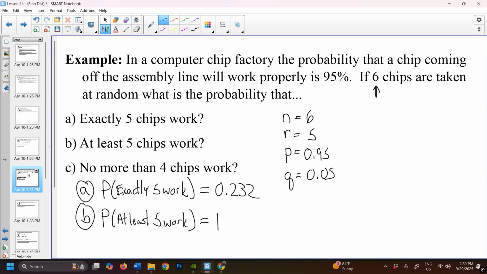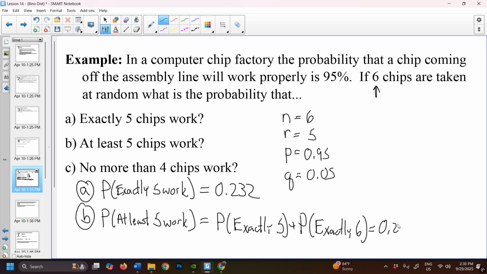That would be the probability exactly 5 plus the probability exactly 6.